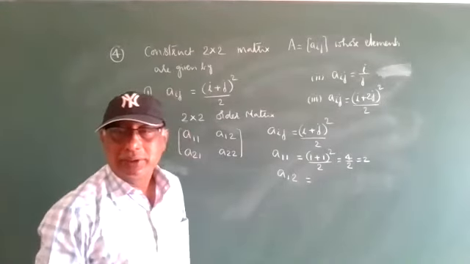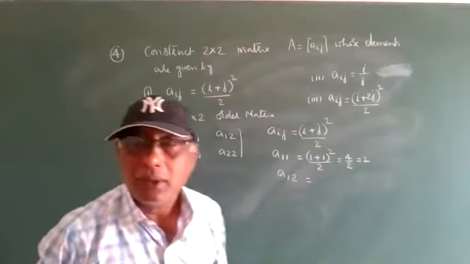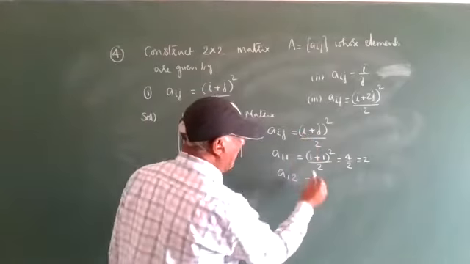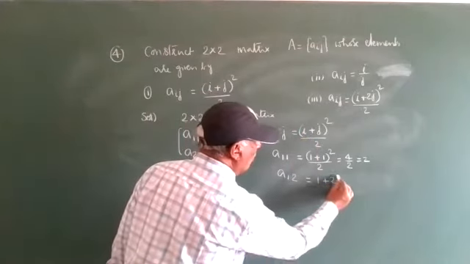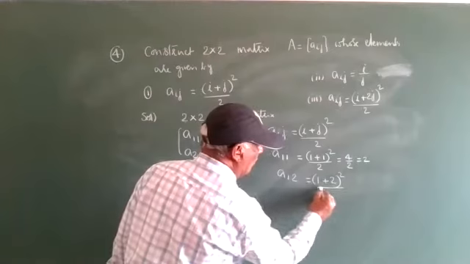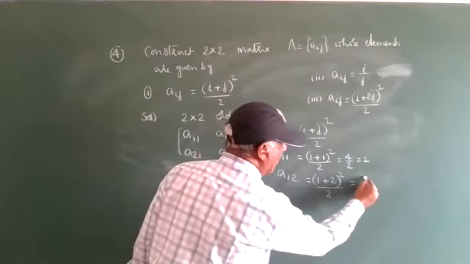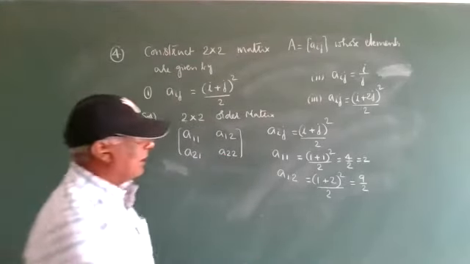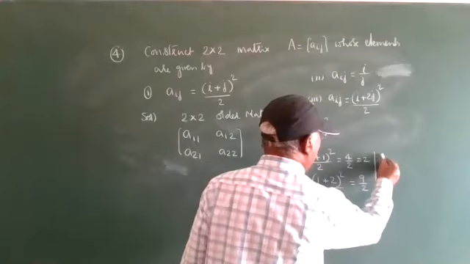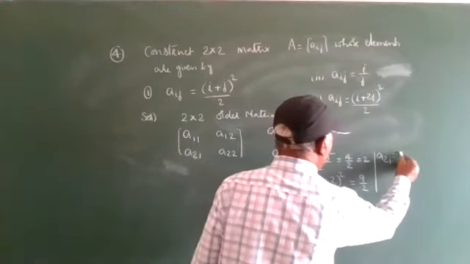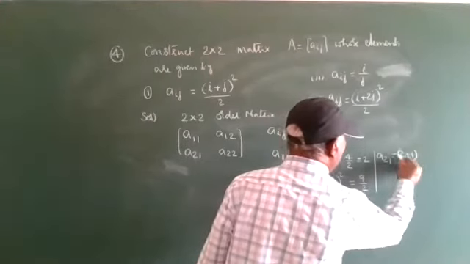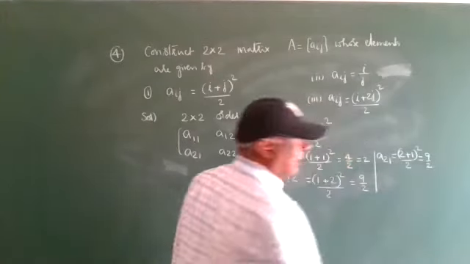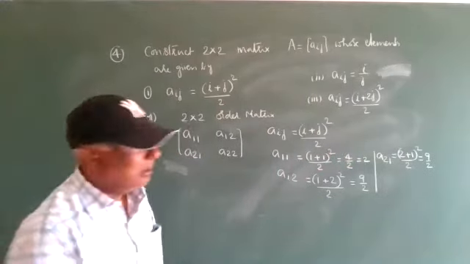Very good. A12: i is 1, j is 2, so (1 plus 2) whole square upon 2. 3 square is 9, so 9 by 2. Next A21: i is 2, j is 1, square by 2, its value is also 9 by 2.